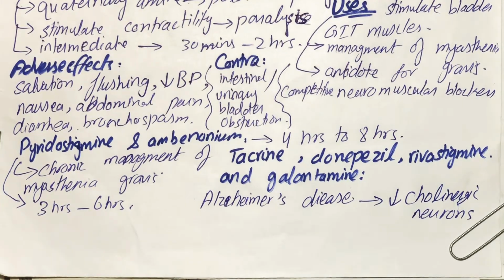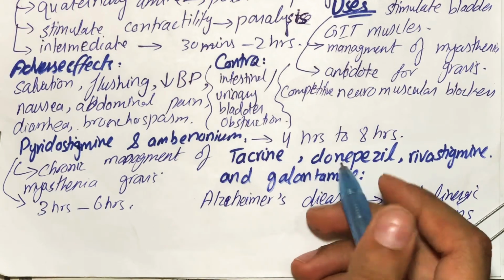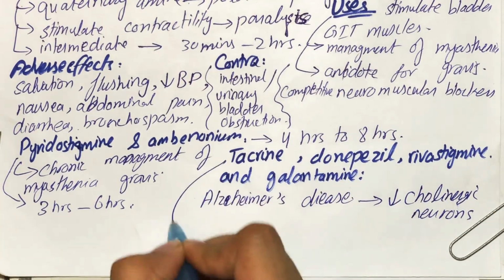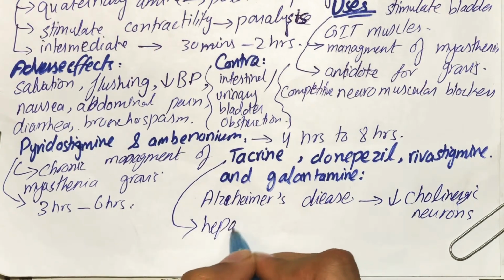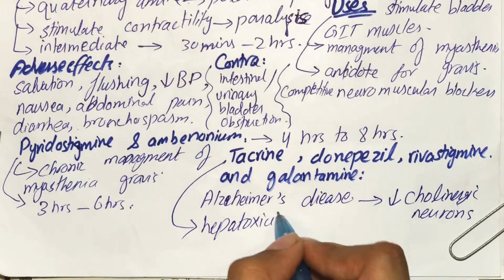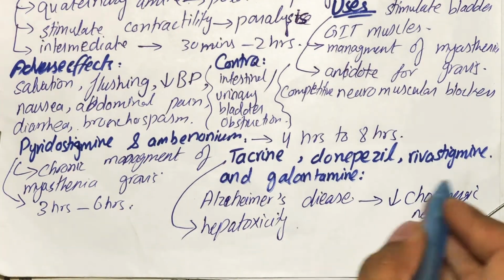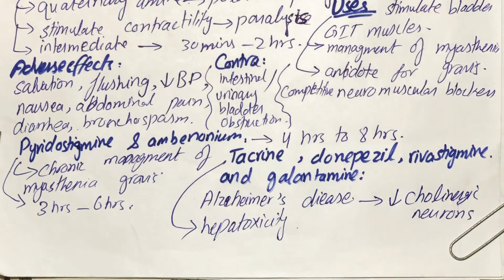So the first agent, Tacrine, was the first available agent, but because of its excessive hepatotoxicity, it is being replaced by others. All of these agents are being used to delay the progression of Alzheimer's disease, but none of them can actually stop the progression because it is not a treatable disease yet.